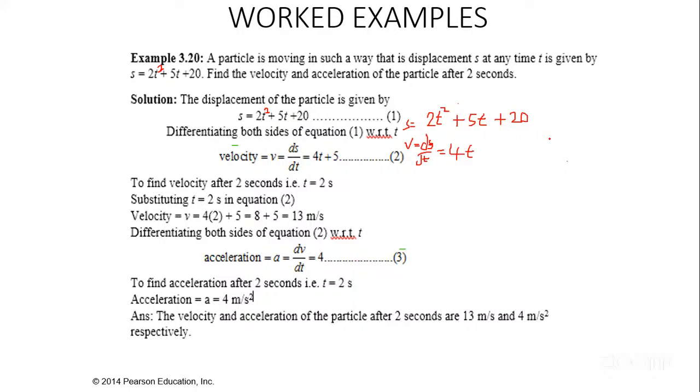Because if we have a to the n, and we differentiate, that will be n times a to the n minus 1.